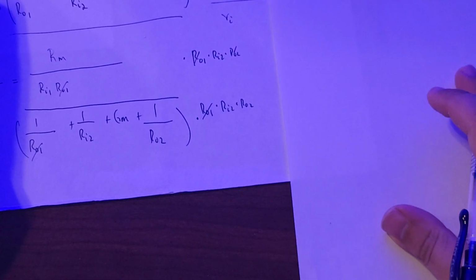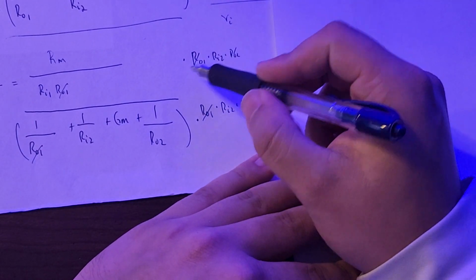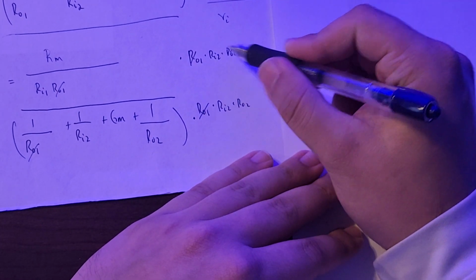So I'm just going to write it here then. R out 1 gets canceled on the top, but R in 2 and R out 2 go to the top here.